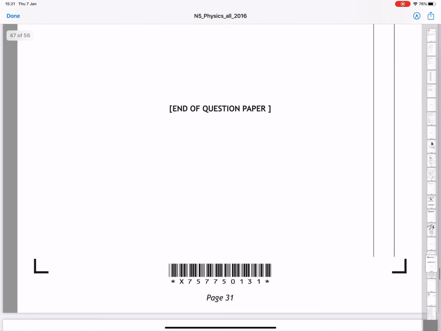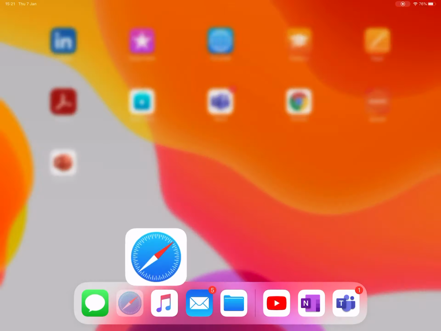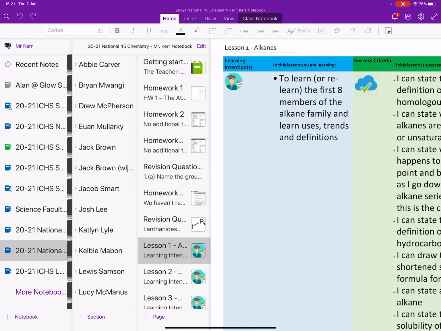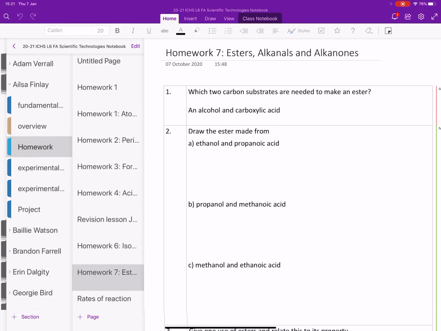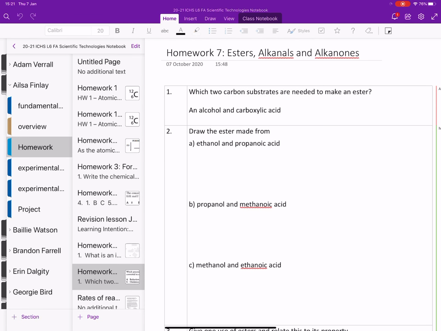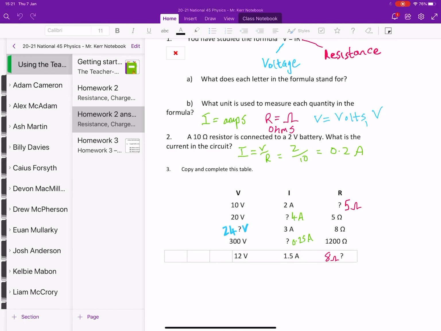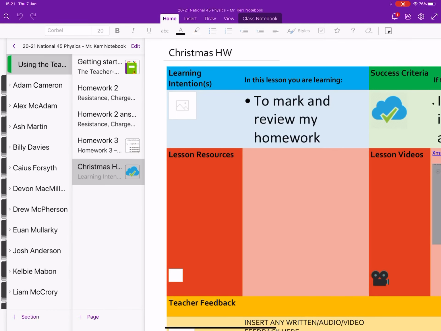And that is the end of the question paper. So lastly, if you go to your OneNote, and go to your Christmas homework page, this one here.